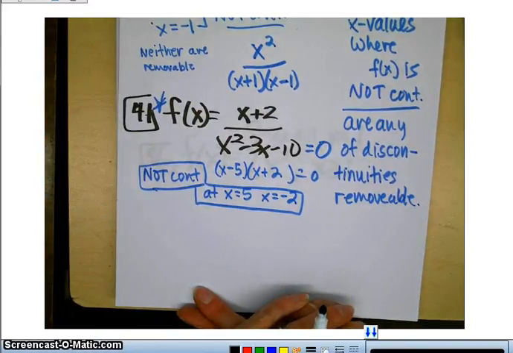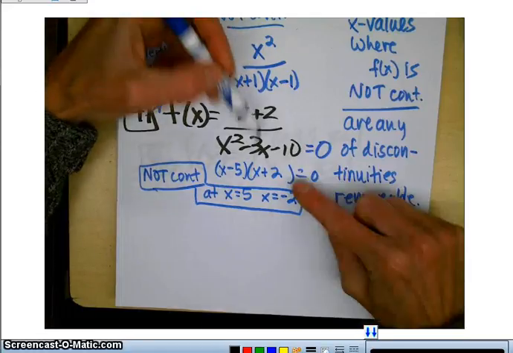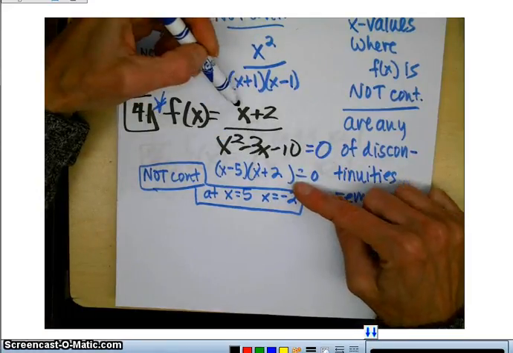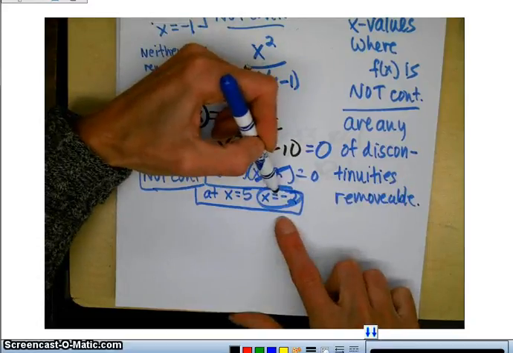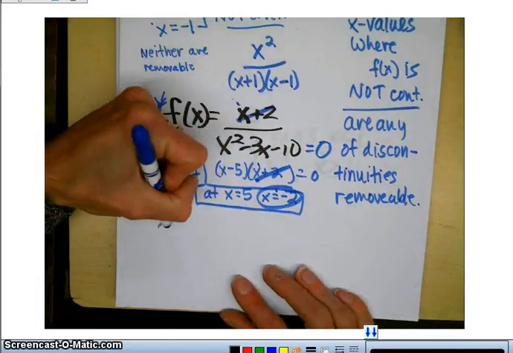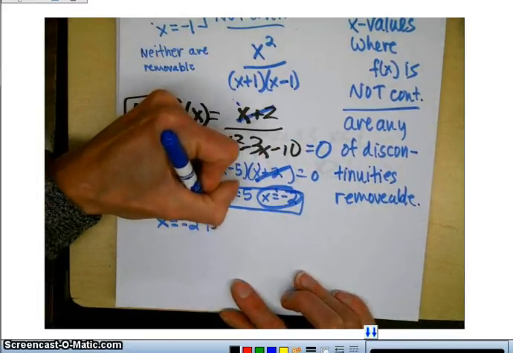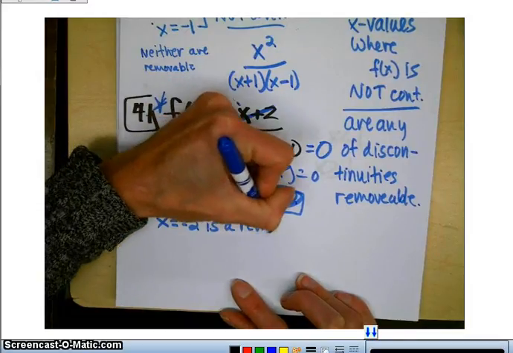Not continuous at those two values. All right, so now if any of those cancel, then that one is removable. So notice the parenthesis that has the x plus 2 would cancel with the x plus 2 on the top. So this discontinuity is removable. So x equals -2 is a removable discontinuity.